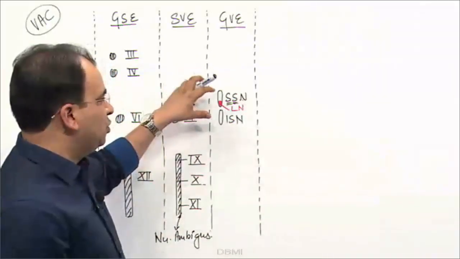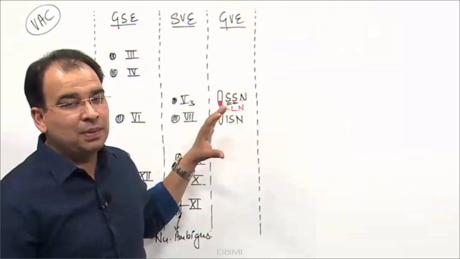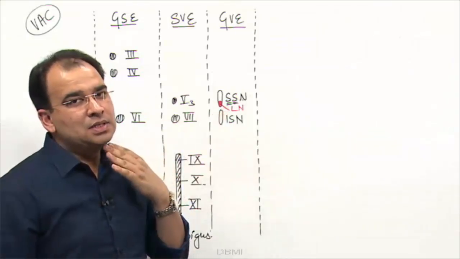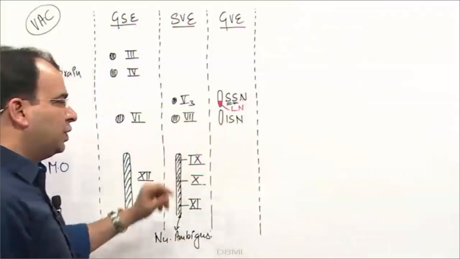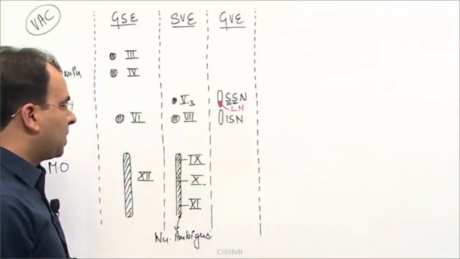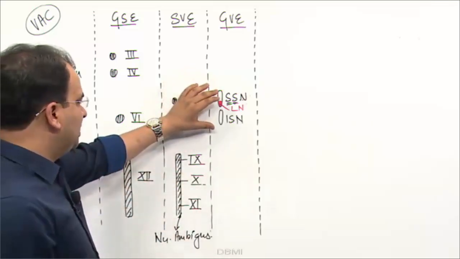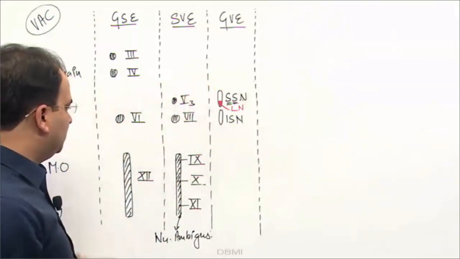So superior salivatory nucleus is supplying submandibular, sublingual as well as lacrimal gland via facial nerve, which we will talk about. So these are the superior and the inferior salivatory nucleus which are present in the pons.